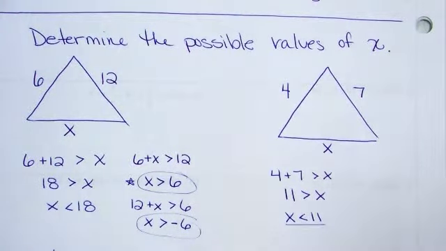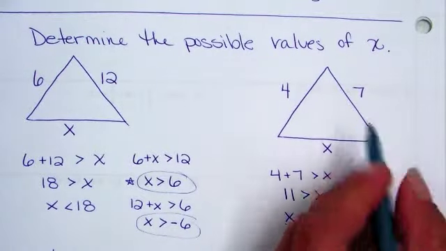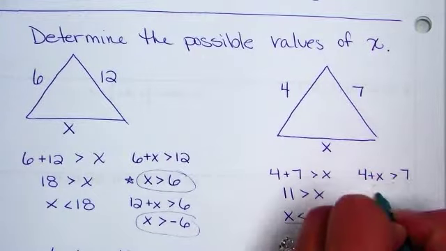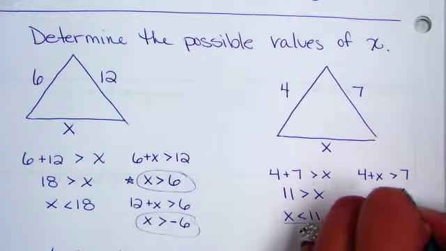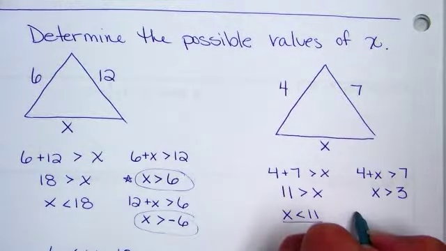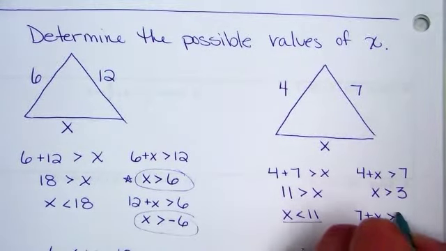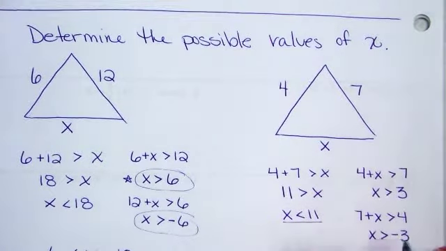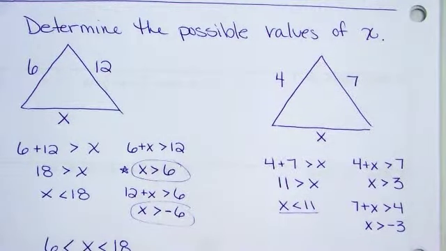Looking at the other possibilities, I know that 4 plus x has to be bigger than 7, which means x has to be bigger than 3. And I know that 7 plus x has to be bigger than 4, so x has to be bigger than negative 3.